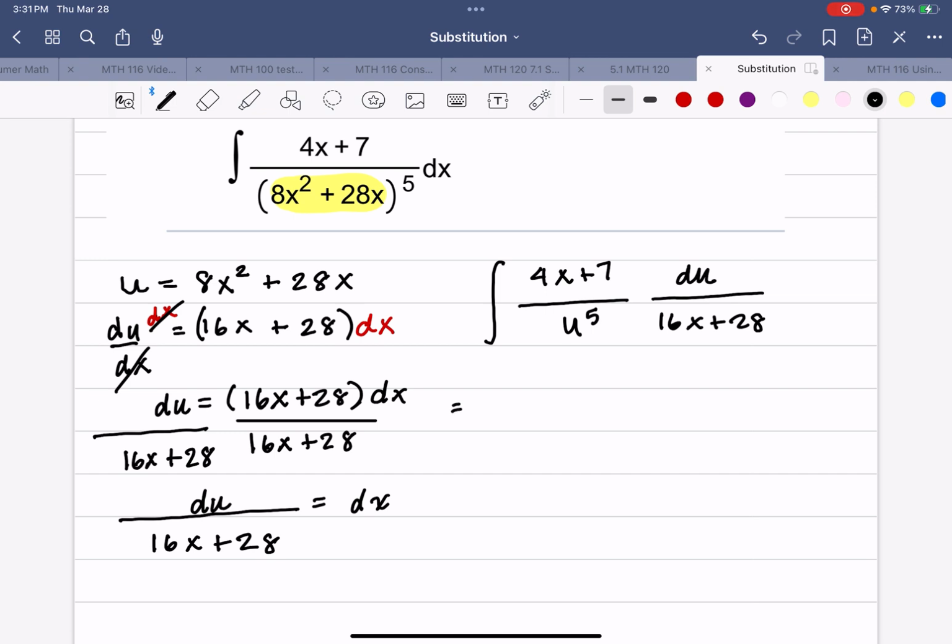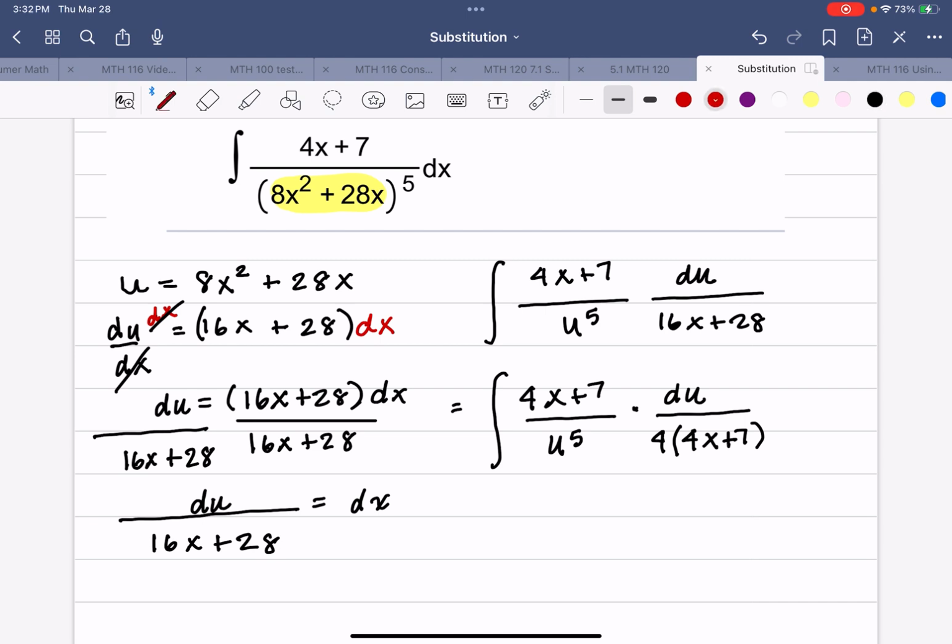All right. Now I'm going to have to do a little bit of algebra. 4x plus 7 over u to the 5th. I've still got x's, so I'm not ready to integrate yet. But I do notice that 16x and 28 have a common factor of 4. And if I factor out a 4, look what I get. It's 4 times (4x plus 7).